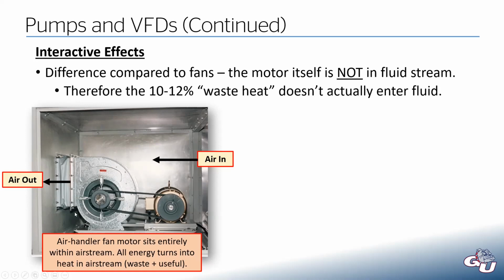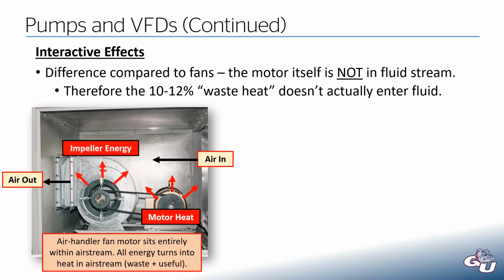So what you can see here is in a fan system, this motor is actually sitting in the path of the airstream because it's inside the air handler cabinet, which is acting as our ductwork. So all of that motor heat that's coming off the motor is still going into the air. That 10 to 12% waste heat is still entering the airstream.